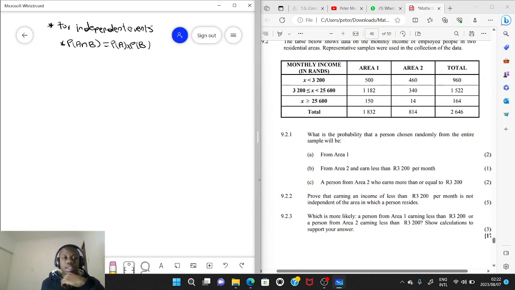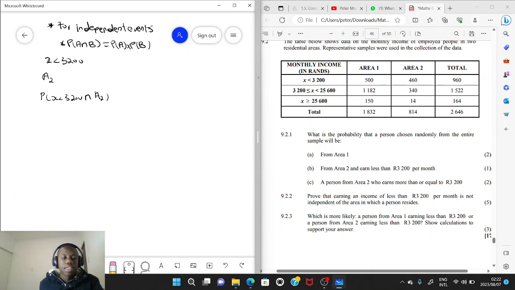So the first thing that we're going to consider is the people who earn less than 3.2. And then the area, they've never specified any area. You can choose any area. Like I will choose area 2. The first thing that I have to determine is the probability of a person who earns less than 3.2 and resides in area 2.